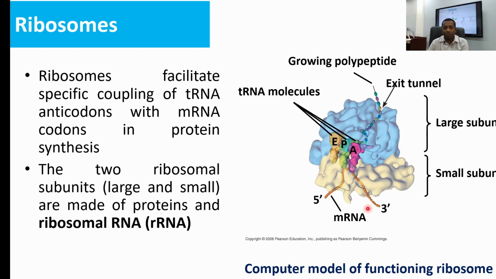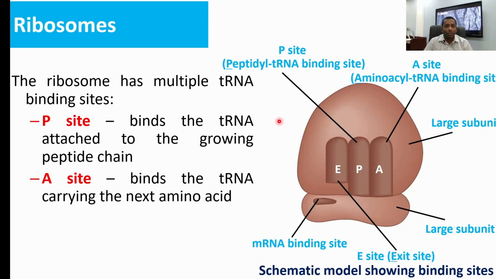The two ribosome subunits, the large and small subunits, are made out of proteins and ribosomal RNA, or rRNAs. So this is the structure involved in translation. A given ribosome has multiple tRNA binding sites.